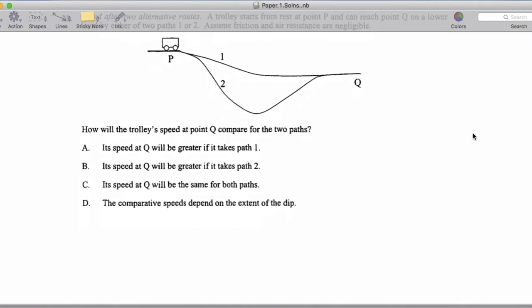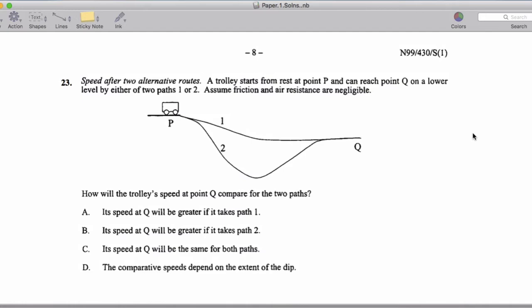Now for number 23, this is the classic kind of trick question. We've got 2 paths to get to Q, and we've got energy conserved. So just to be clear, the trick for these problems, and I think this one actually repeats, so let me just give you the trick. The trick is this: path doesn't matter.